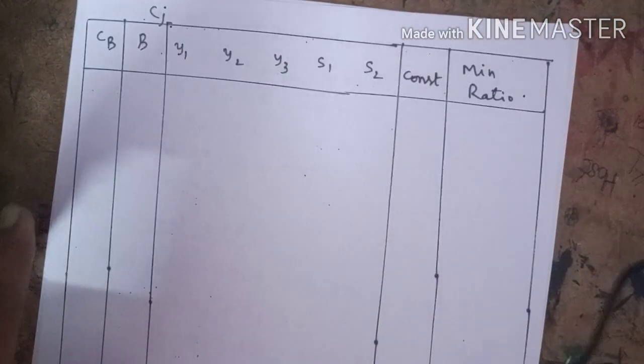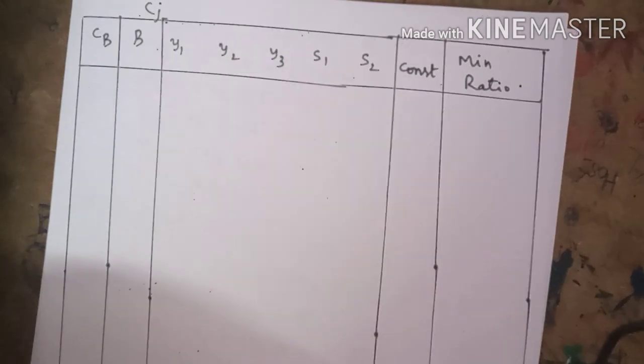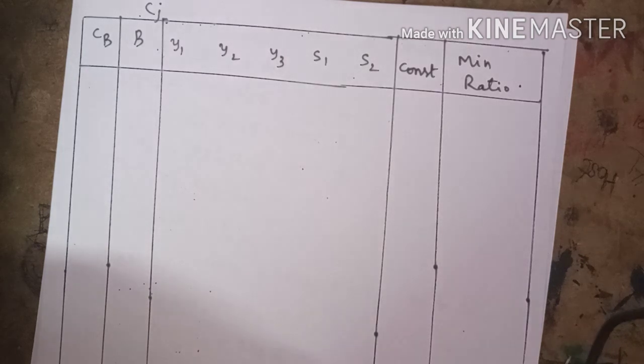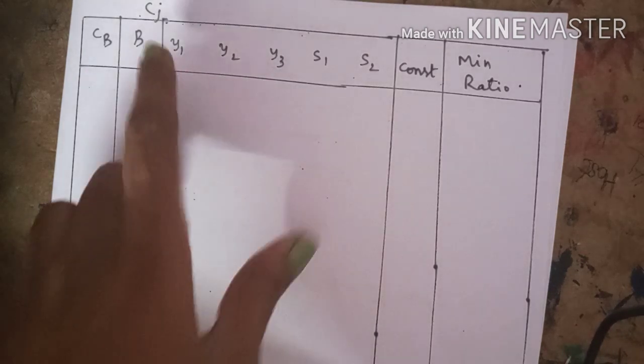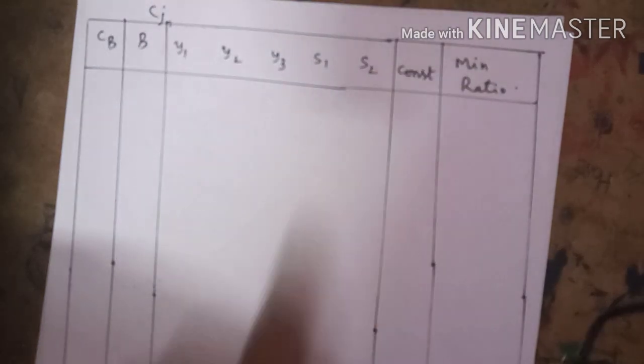Now, to solve this problem in the simplex method, we just need a table. I draw one table like this. The first column is the CB column, the second column is the basic variables or basis column. Now how many variables do we have? y1, y2, y3 as well as s1, s2. That's why the columns are y1, y2, y3, s1, s2, constant and minimum ratio.